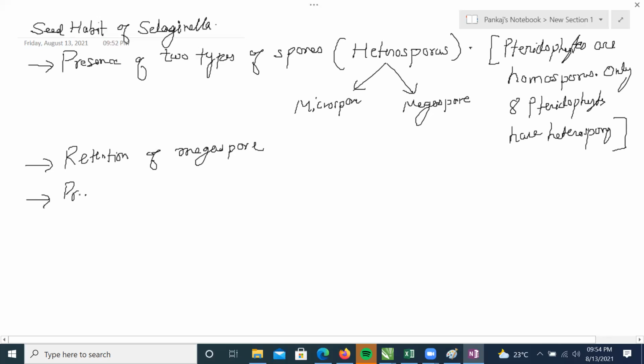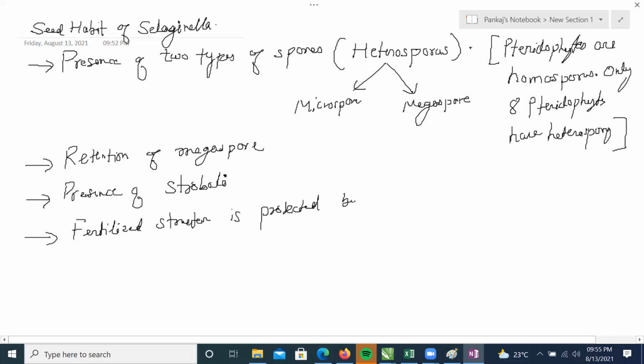So the presence of strobili, and the fertilized structure is protected by a covering, which shows a tendency towards formation of seed coat.